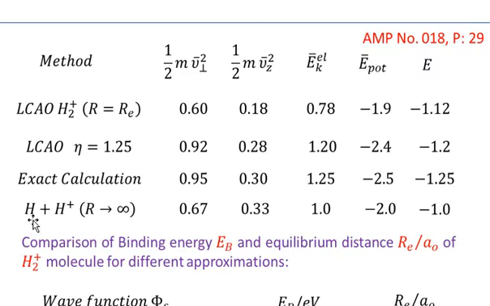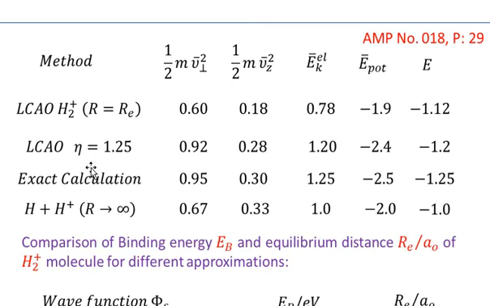Then I have the case where the hydrogen atom and its singly ionized counterpart are much farther away from each other, and the separation is increased: 0.67, 0.331, minus 2, and then minus 1.0. So here you can see which value is closer to the exact one.